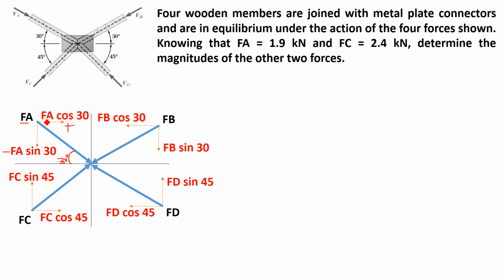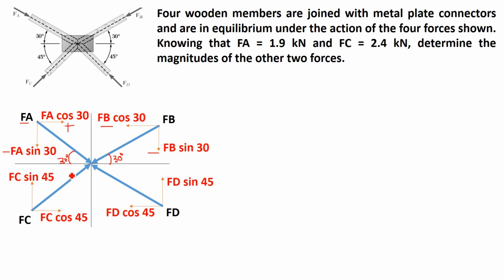So x component is Fa cos 30, y component is minus Fa sin 30. Downward means minus. Similarly Fb is going in the third quadrant, so x component is minus, y component is also minus. The angle of Fb is also 30 degree with respect to horizontal, so x component is Fb cos 30, y component is Fb sin 30.